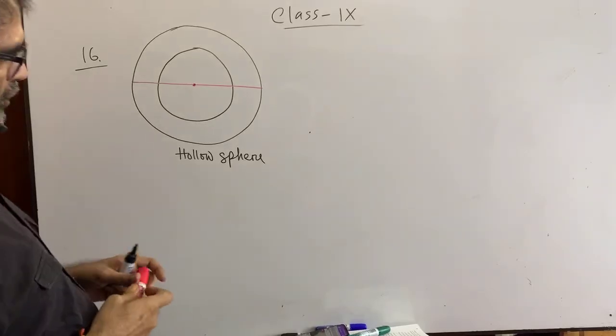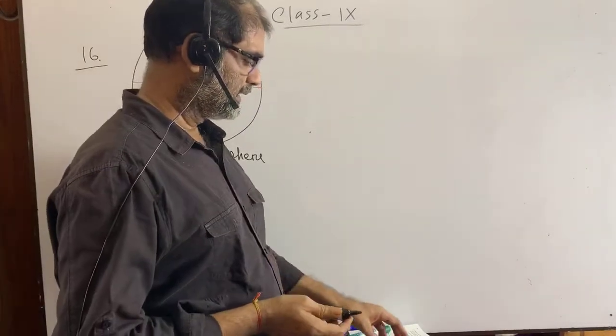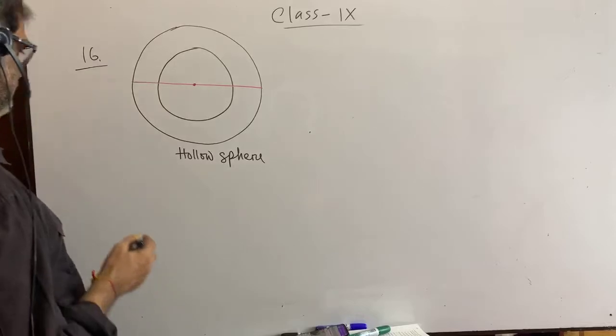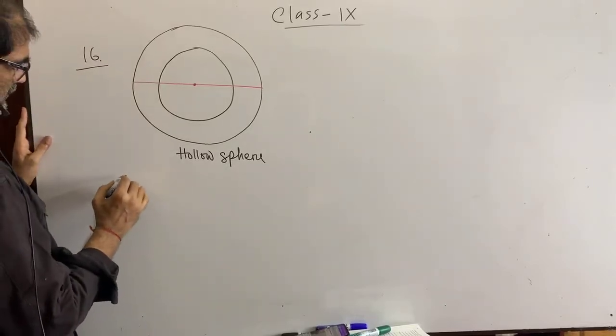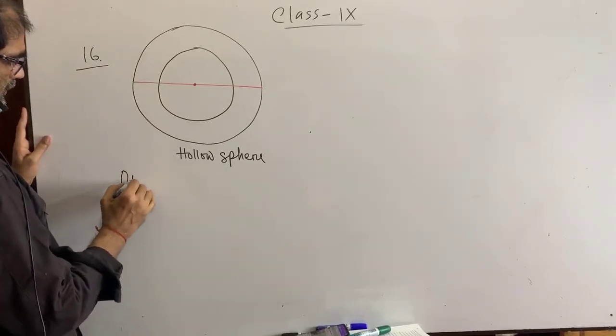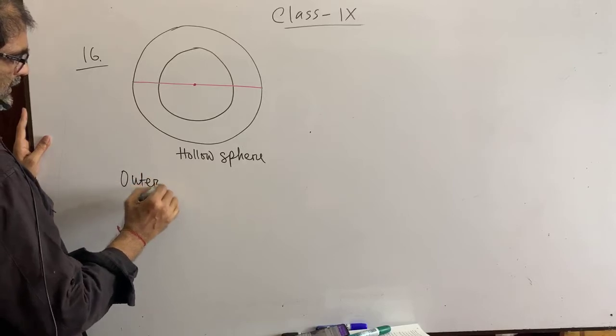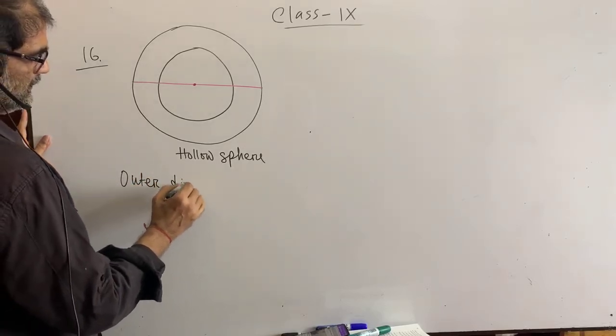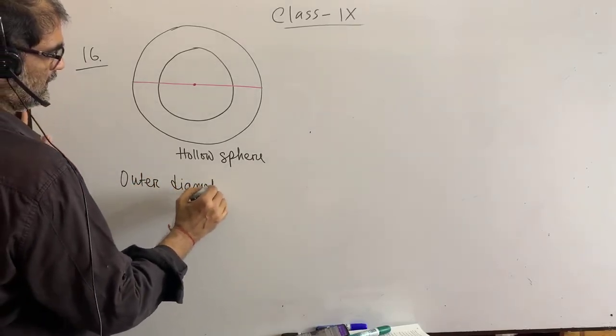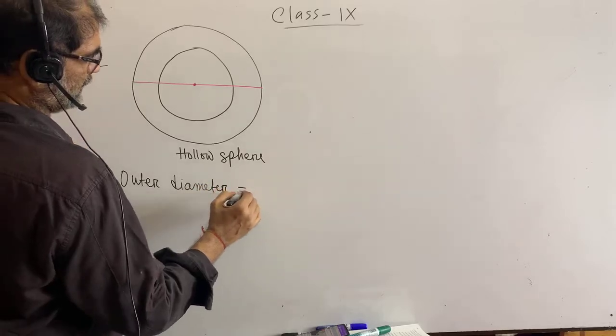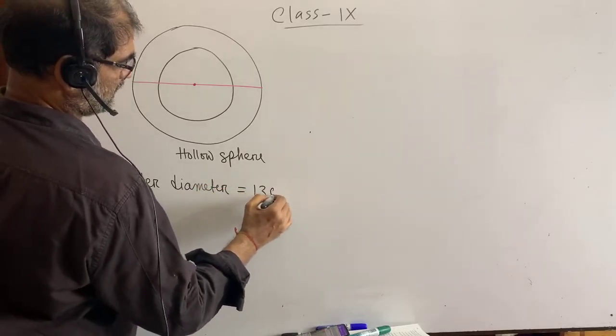The outer diameter of the hollow sphere is given as 13 centimeter. Write down, outer diameter given, outer diameter is equal to 13 centimeter.